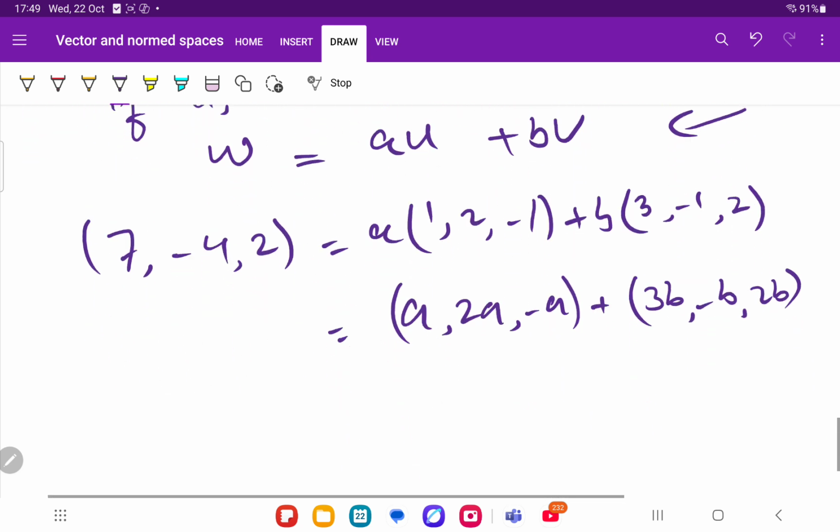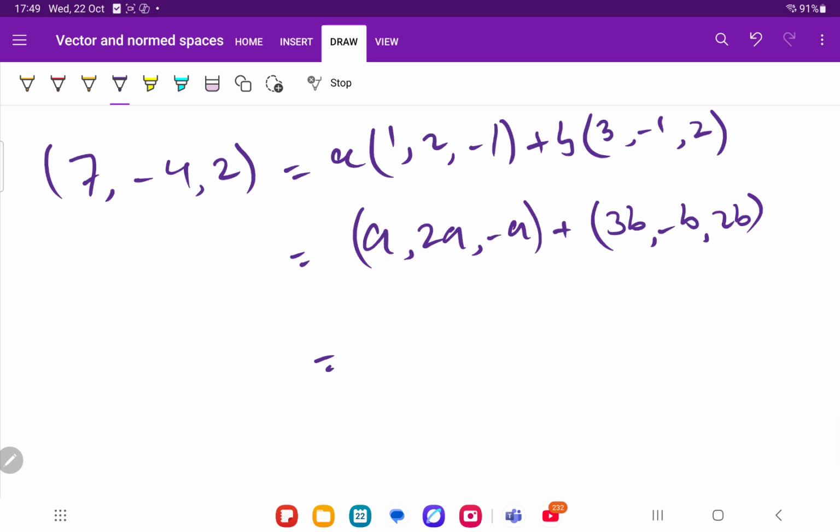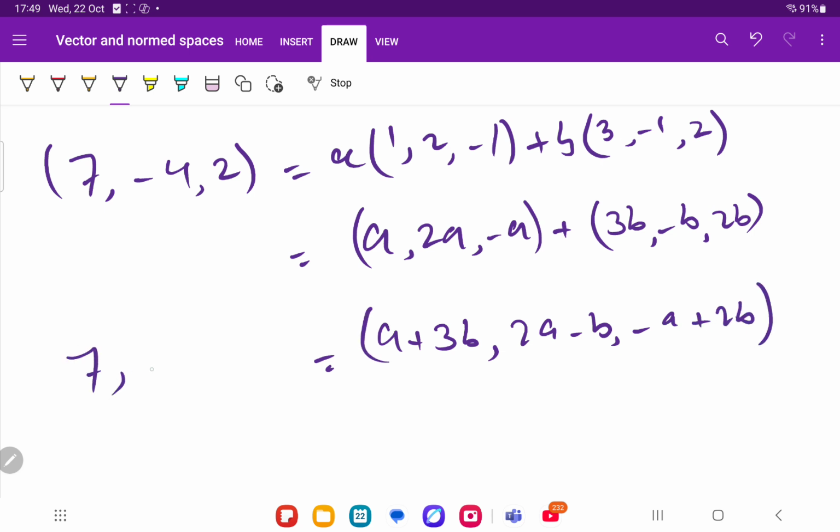Now vectors can be added. So a will be added with 3b, 2a will be added with minus b, and minus a will be added with 2b.